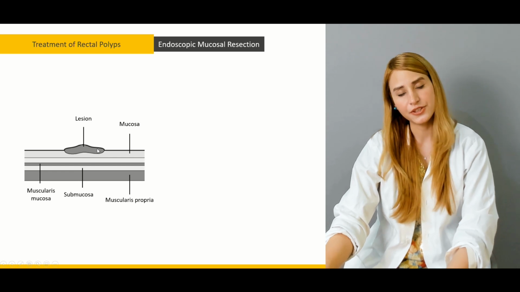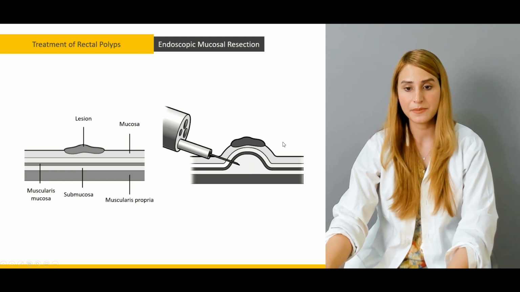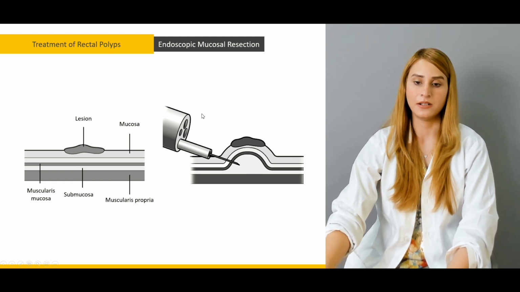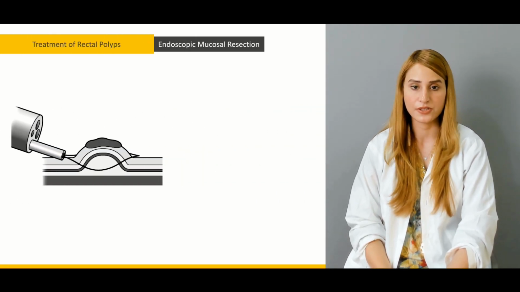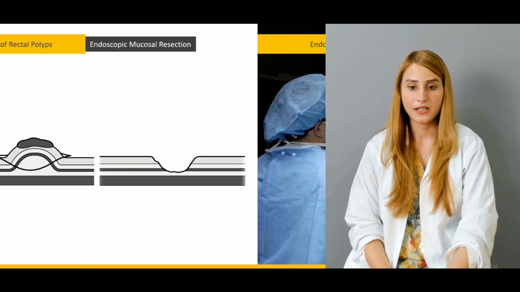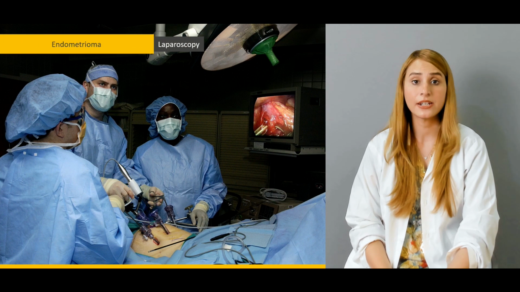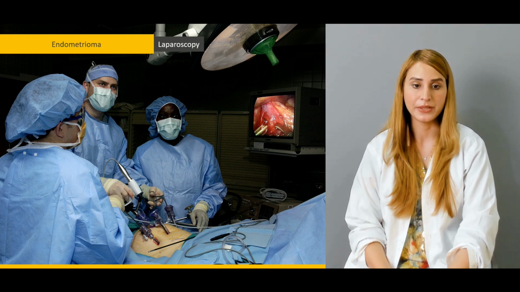So you insert the endoscope here, you go through the submucosa, and you remove the lesion with the mucosa. This is called endoscopic mucosal resection. You can see in this diagram as well, the lesion is removed, or you can go for laparoscopy, because nowadays laparoscopy is also being performed.